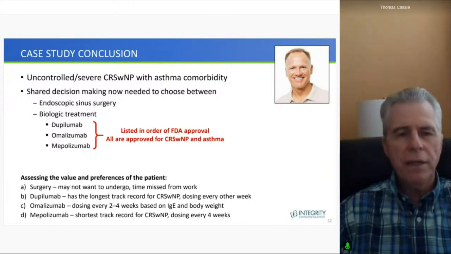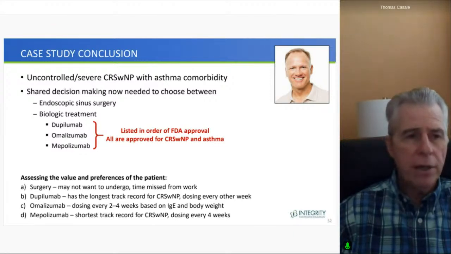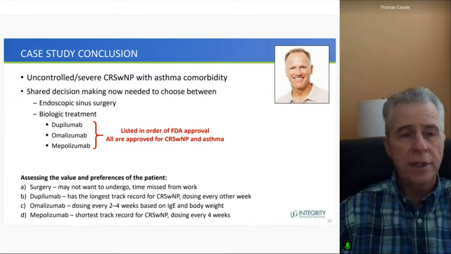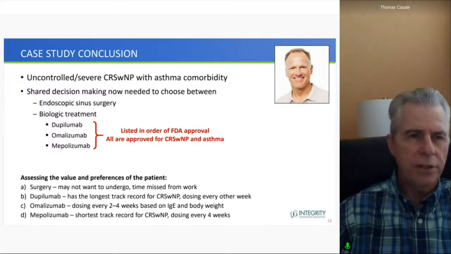We have 3 biologics we could offer them. But again, are they the right candidate? Do they have the type 2 biomarkers that would signify a better response? And will their insurance cover the biologic long-term? So something that clearly needs to be discussed with the patient.